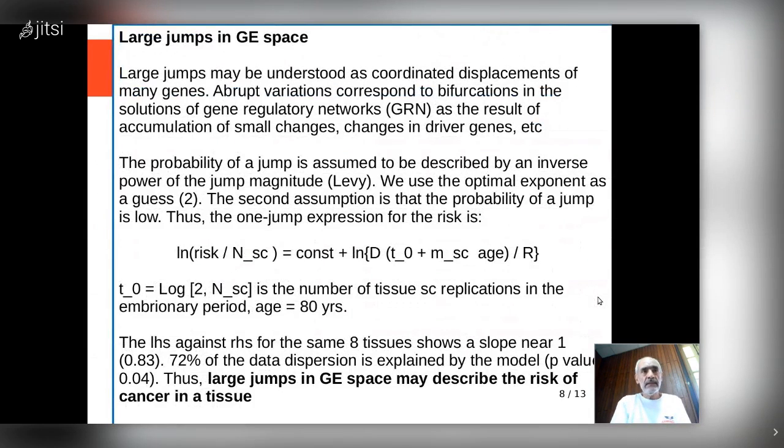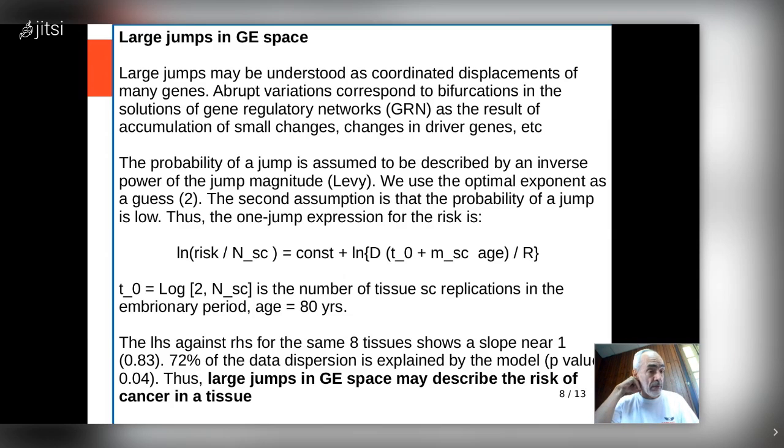Then the next step is to include an additional kind of motion: large amplitude motions. As mentioned, these large jumps in gene expression space can be understood as changes corresponding to coordinated or simultaneous displacement of many genes.